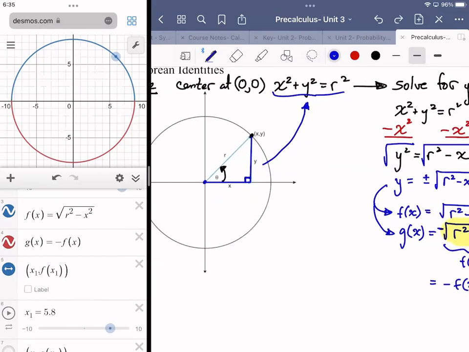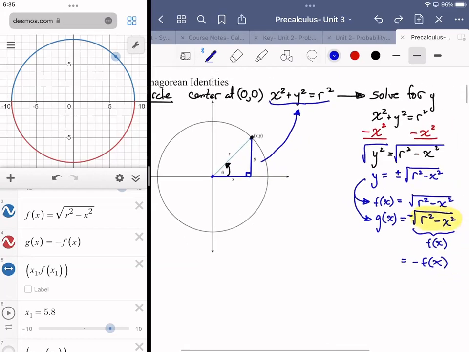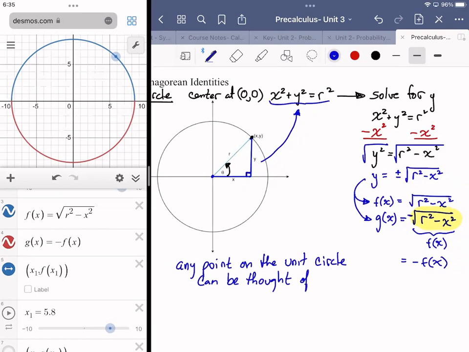Then you start wondering, what does this have to do with trig? Well, we learned a couple of lessons ago that any point on the unit circle can be thought of as cosine theta, comma, sine theta.